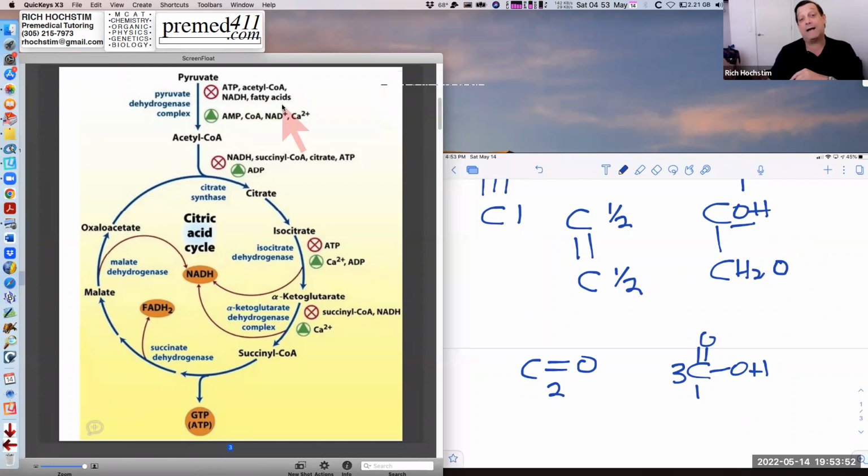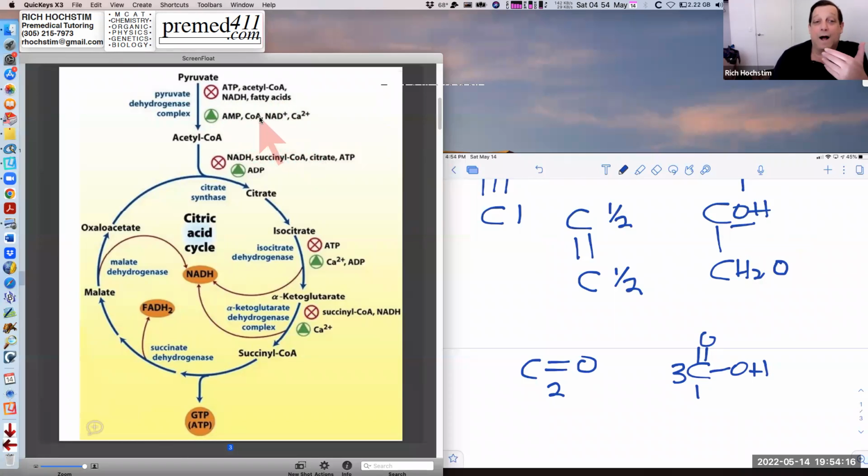As far as fatty acids are concerned, fatty acids make acetyl coenzyme A. So if you have a lot of these, you'll shut the process down because you don't need any more. On the other hand, if you have AMP, it means you don't have a lot of ATP, so you're going to go ahead and make the process continue.